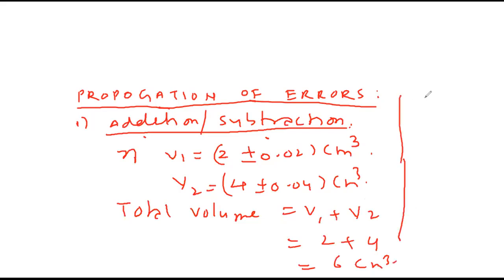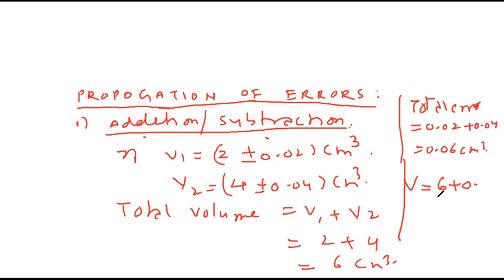And the total error will be 0.02 plus 0.04, that is 0.06 centimeter cube. So the correct reading of total volume will be 6 plus or minus 0.06 centimeter cube.